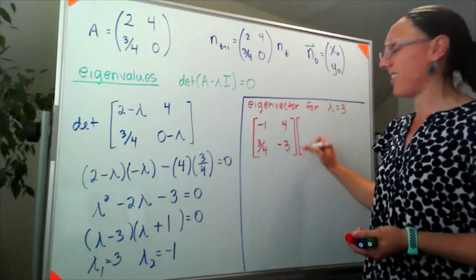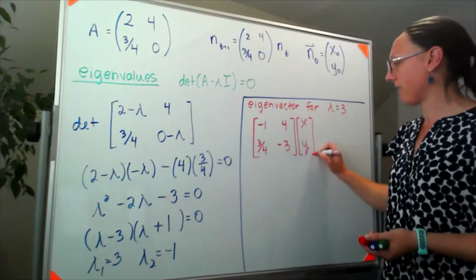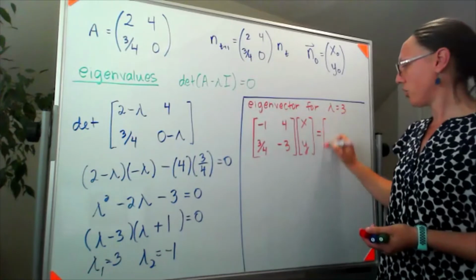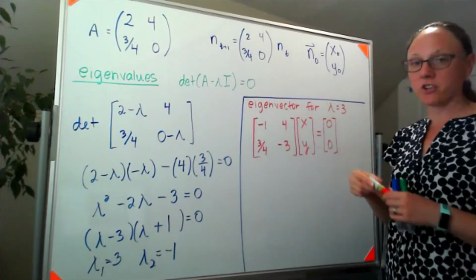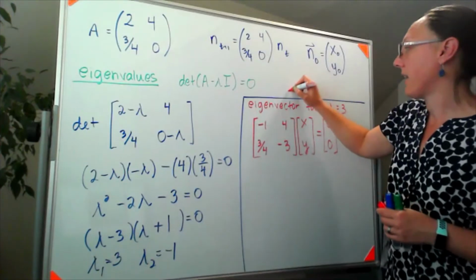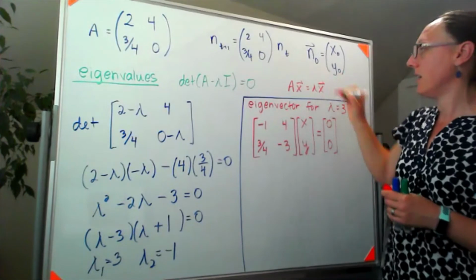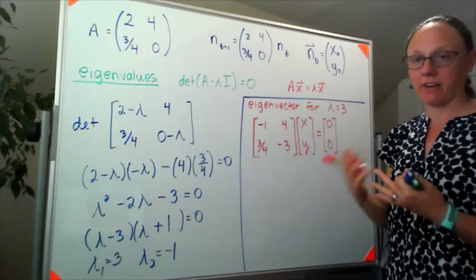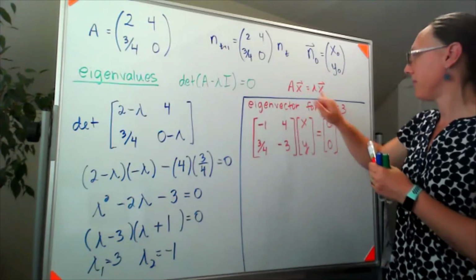And I know that this times my eigenvector should give me the 0 vector. And that's going back to that relationship that if AX is equal to lambda x, that's what it means to be an eigenvalue-eigenvector pair.